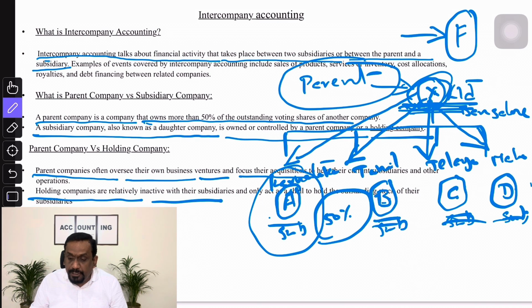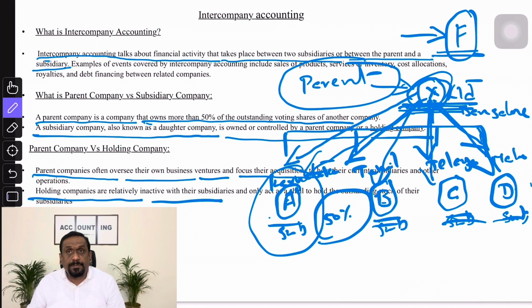So what X company is doing, it is manufacturing the product called F and transferring that product to A, B, C and D. Why is it transferring that F product to A, B, C, D? Because X created these A, B, C, D companies with the intention to sell this F product in the market by these subsidiaries. So the main intention of these subsidiaries is that they will take the F product from X Limited and sell them in the market. That is the intention of these subsidiaries.